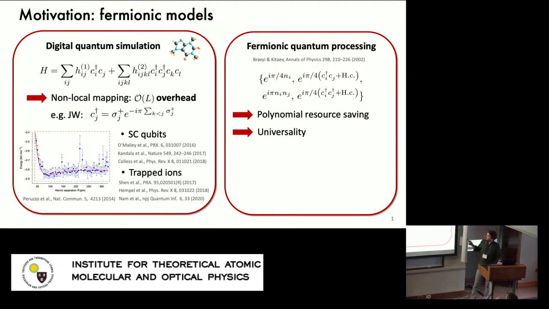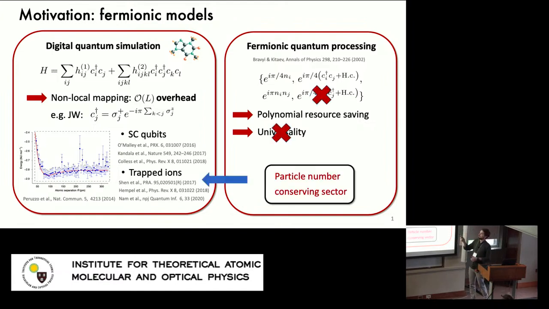When you think about neutral atoms, many of these terms come about more or less naturally. One that's a little bit challenging is this pair creation and annihilation process, because it violates particle number conservation. So we asked the question, what happens if we just drop this? Obviously, we lose universality and we also lose some other features. But if you think about the types of models that you're interested in, they are particle number conserving, right?